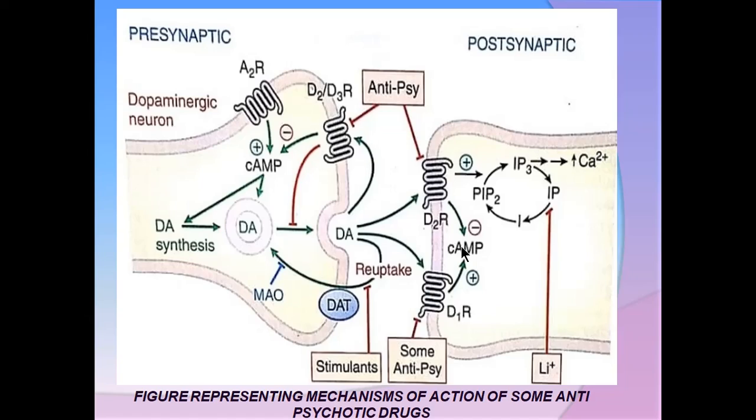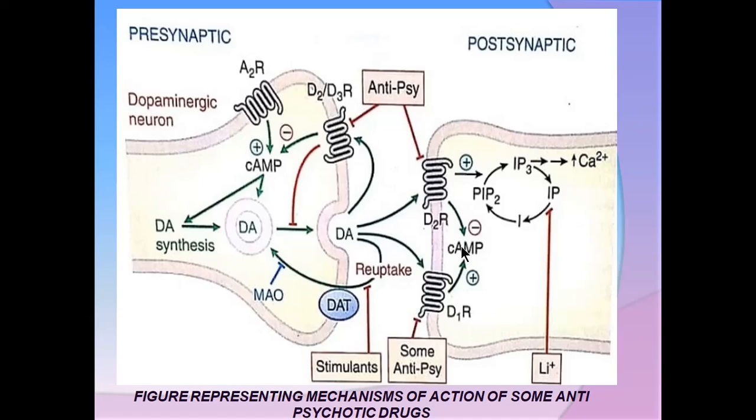Lithium ion inhibits inositol phosphate breakdown and thereby enhances its accumulation, and secondly calcium ion mobilization, protein kinase C activation, depletion of cellular inositol. Lithium may also alter release of neurotransmitter by a variety of putative mechanisms.